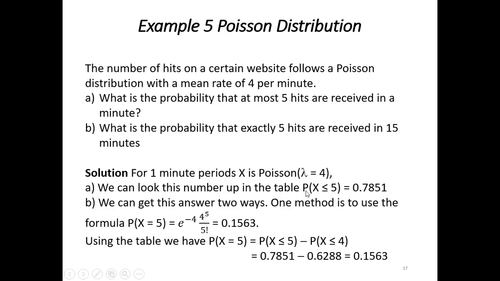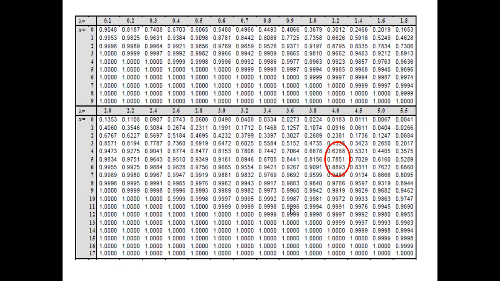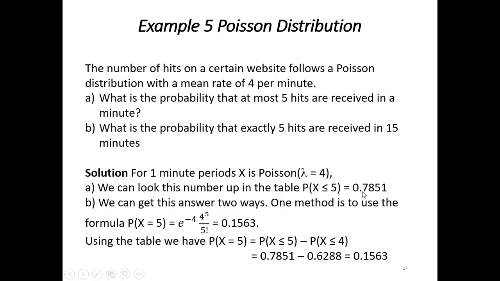We're interested in the probability X is less than or equal to 5. So we can look this up in the table. Here I've shown you the table. We find the value of lambda first, and then we find our x value is 5. So our answer here would be 0.7851. So that's how we get this number.